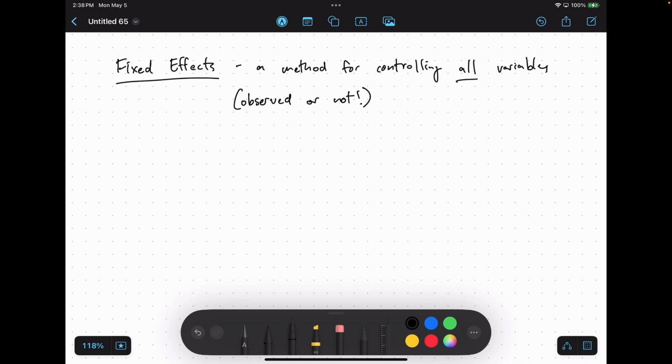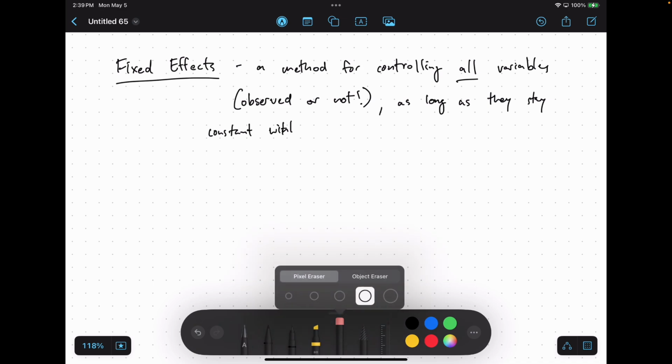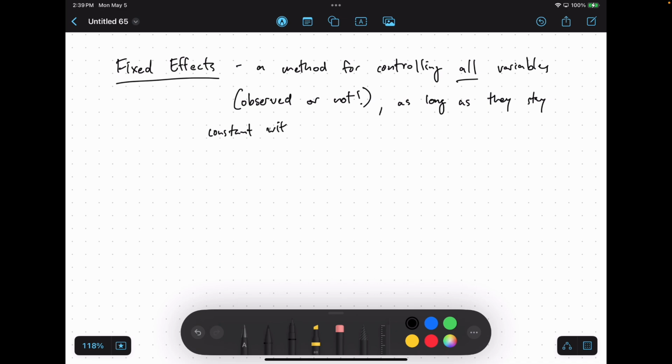It can actually tell you a lot about variable effects that may not necessarily be observed, as long as they stay constant within a larger category.